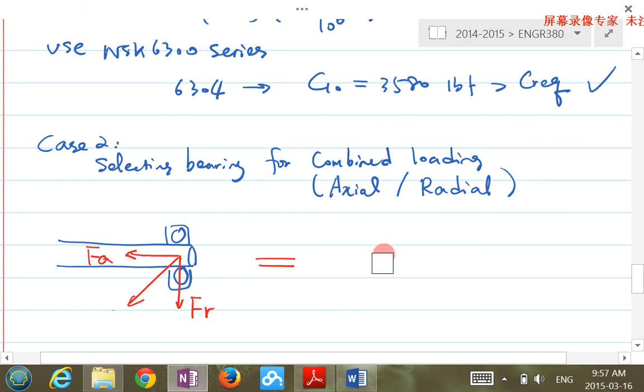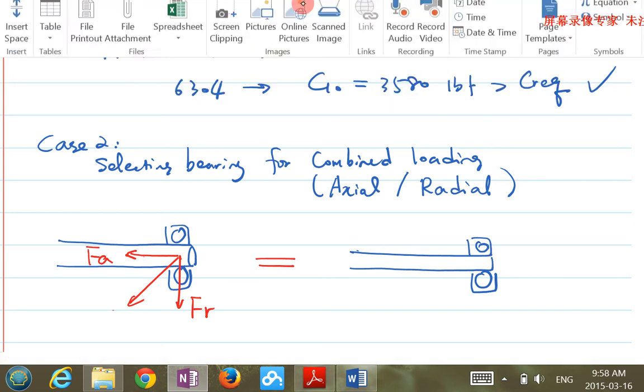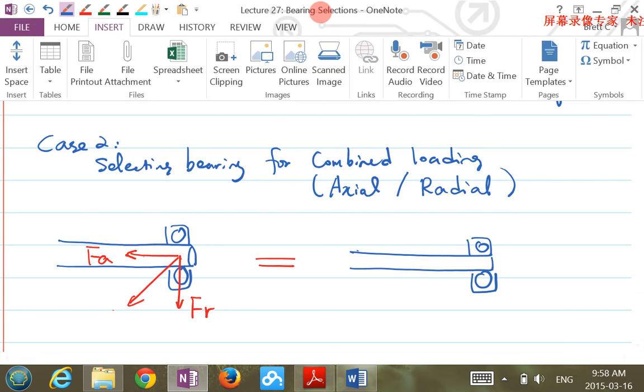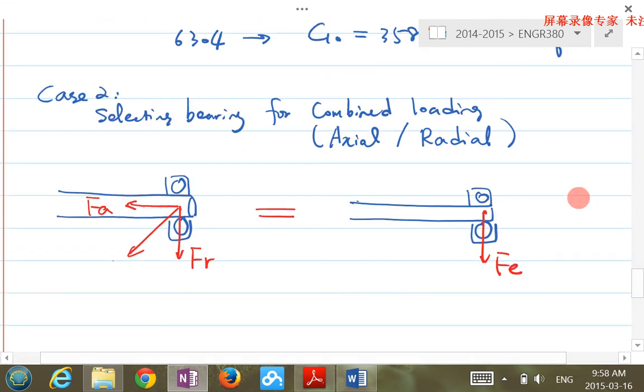So essentially you have the same shaft, then maybe we can find a radial load only situation here. So what it means is this is a combined load, but if I can find this equivalent case, the shaft is subject to a radial load only, and this radial load Fe will cause the same damage as this combined load.